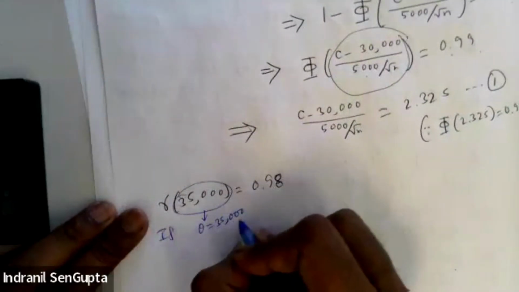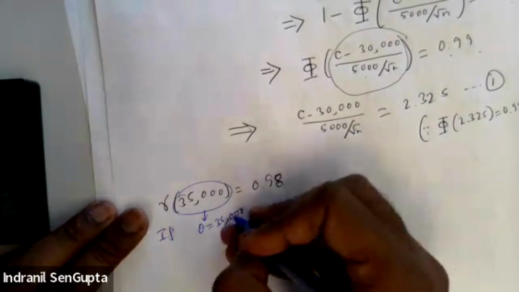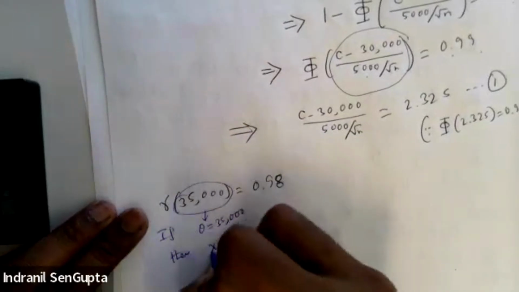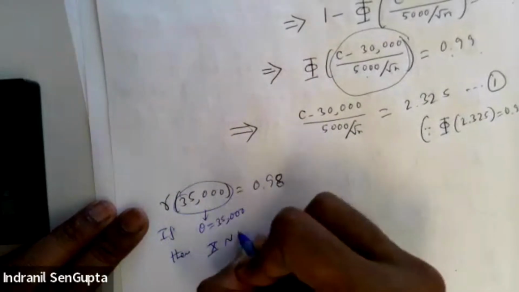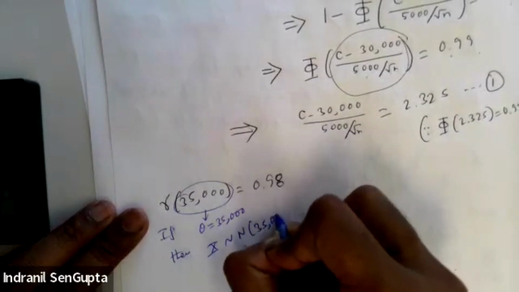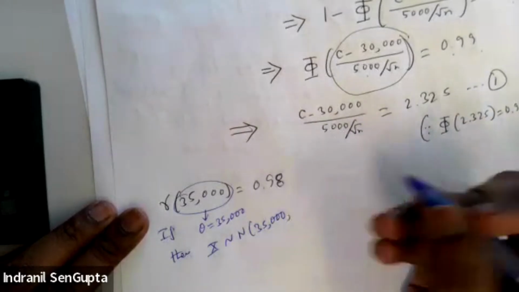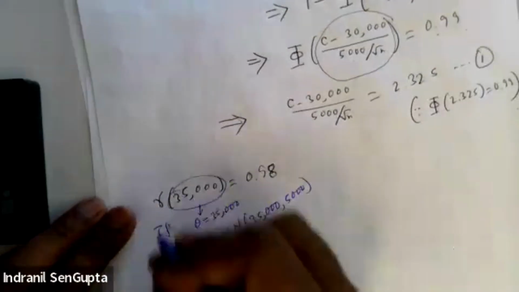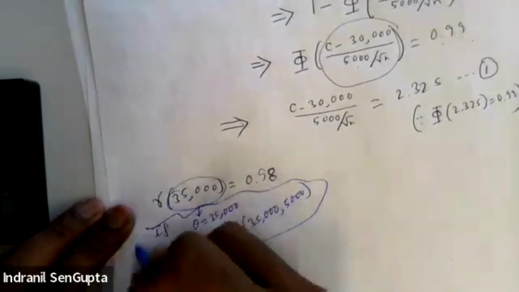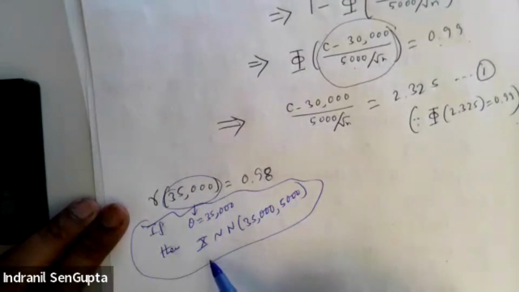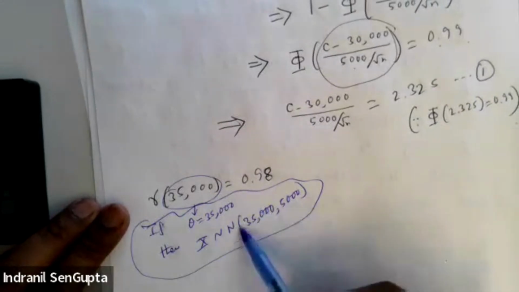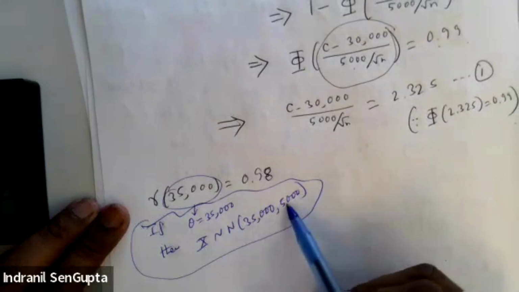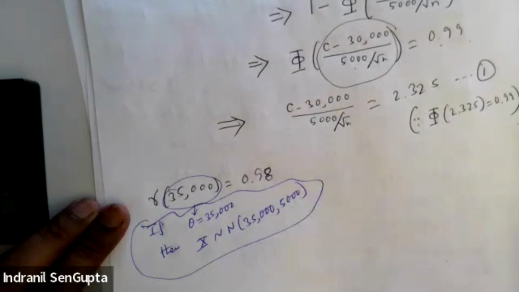So if theta is 35,000, then really this x satisfies a normal distribution with mean 35,000 and standard deviation 5,000, right? And correspondingly, x bar satisfies a normal distribution with the same 35,000 and standard deviation 5,000 over square root of n, right?